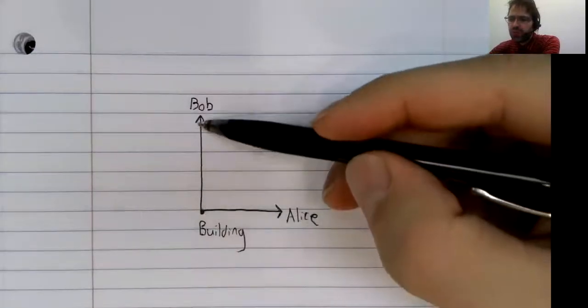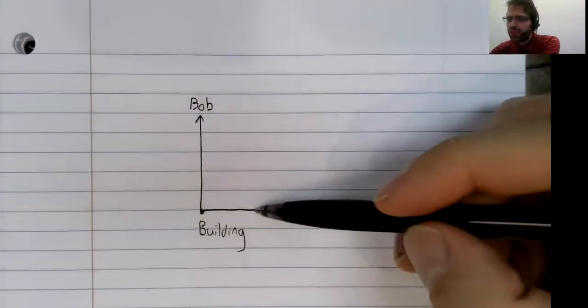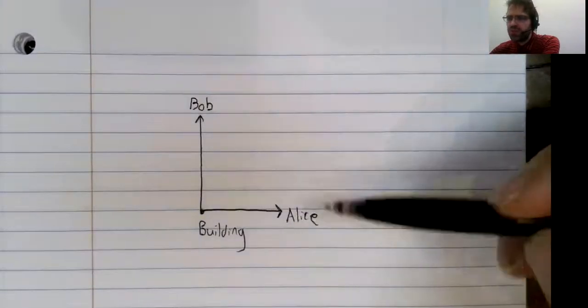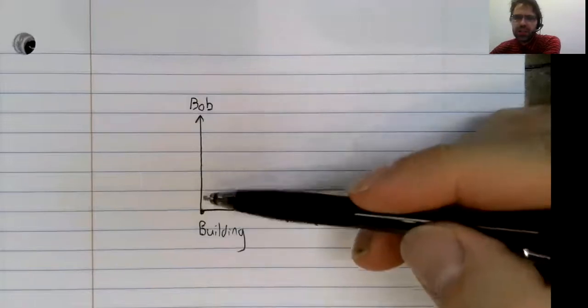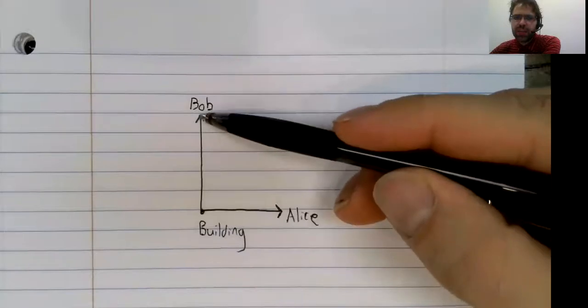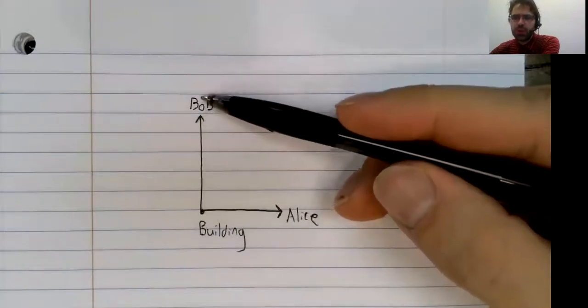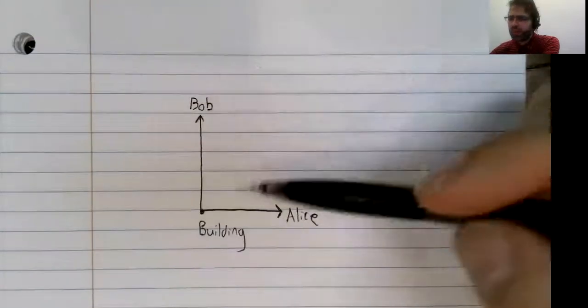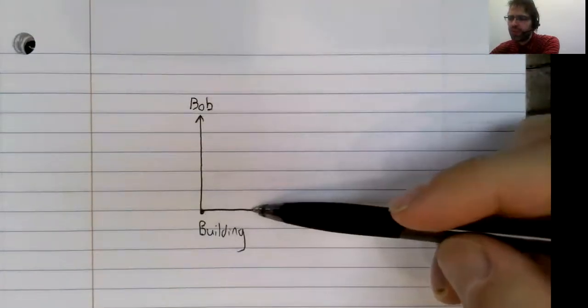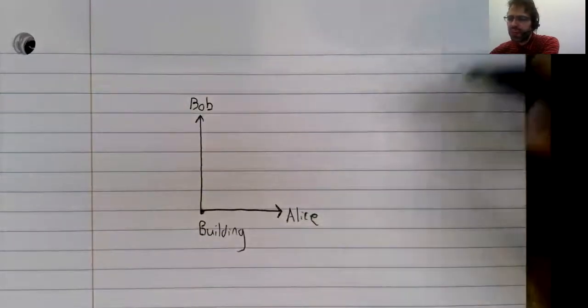And of course, as Bob walks north and Alice walks east, the lengths of these line segments change. Bob's walking north at 3 miles per hour. Alice is walking east at 2 miles per hour.